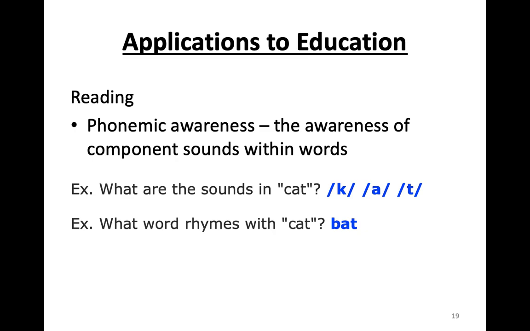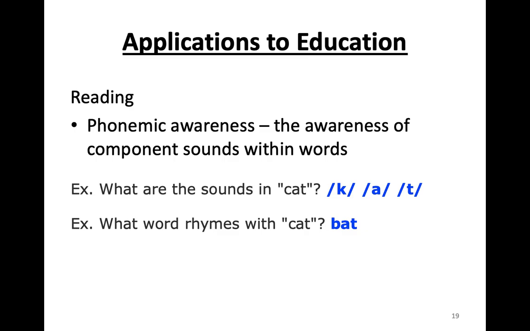It turns out that kindergartners' performance on phonics tasks is a strong predictor of reading achievement in the third and fourth grade, and it's an even stronger predictor than their general IQ or social class background.